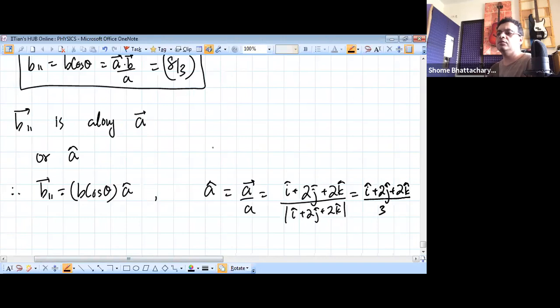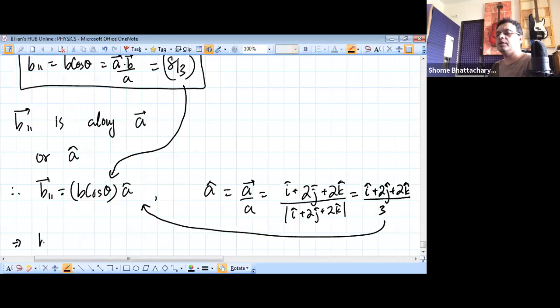Now coming back here, we will substitute this for B cos theta, and we will substitute this for A cap. So our parallel component of the vector, or the parallel projection, will become B cos theta, which is 8 by 3, into the unit vector A cap, which is i cap plus 2j cap plus 2k cap divided by its magnitude, which is 3.